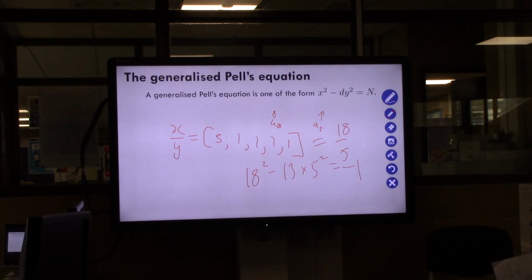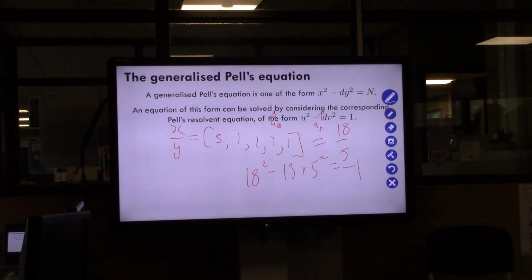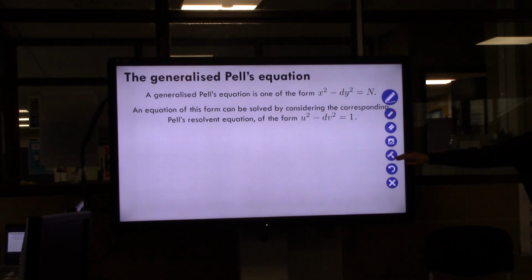And finally, our generalized Pell's equation is an equation of the form on the board there: x squared minus dy squared equals some integer n. This equation can be solved by considering a Pell's resolvent equation.